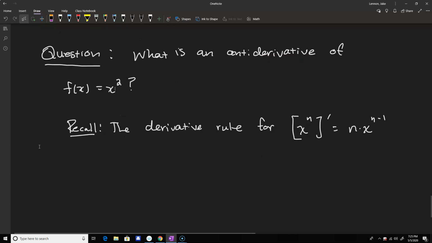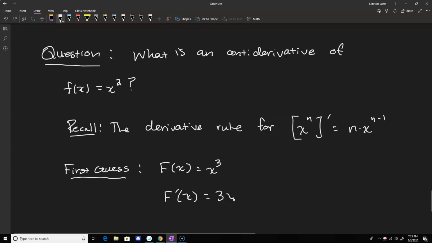So maybe your first guess would be f of x equals x cubed. But the problem is if you take f prime of x, you would get 3x squared according to this rule. So this does not work.